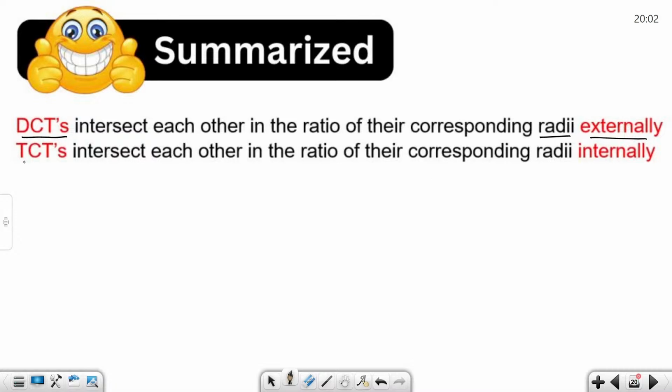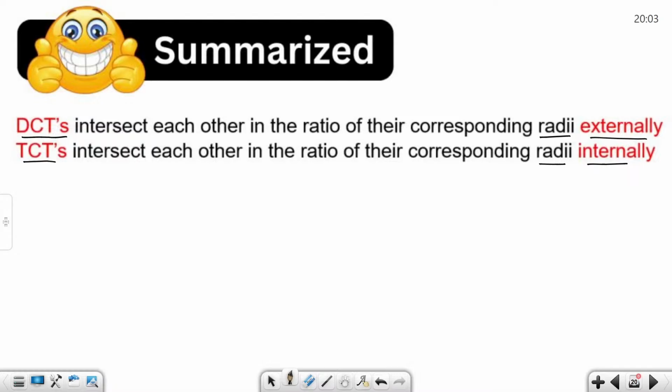And in case of transverse common tangent, point P is dividing the line joining the two centers of the given circles in the ratio of their radii internally. That's it. These two things only you have to remember, right? And you will get the equation of its tangent.